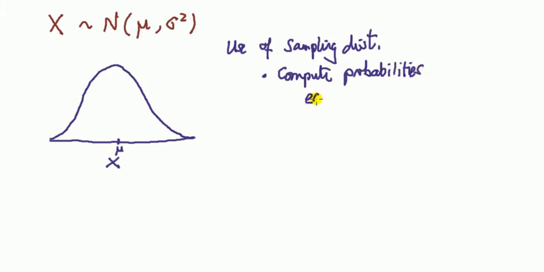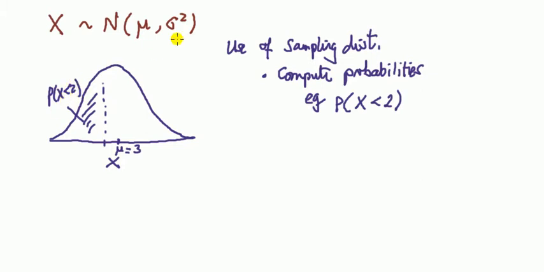An example of this being the probability that x is, say, less than some number, like 2. You should be able to answer that. Because, say, as an example, mu is 3 here, you know then that 2 is about here, and then you look for the area in there, and that would be the probability that x is less than 2. Okay, using tables you could find that.